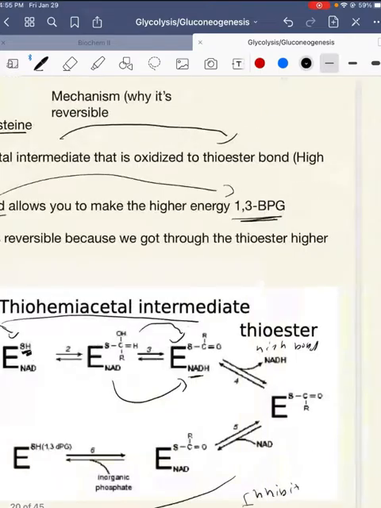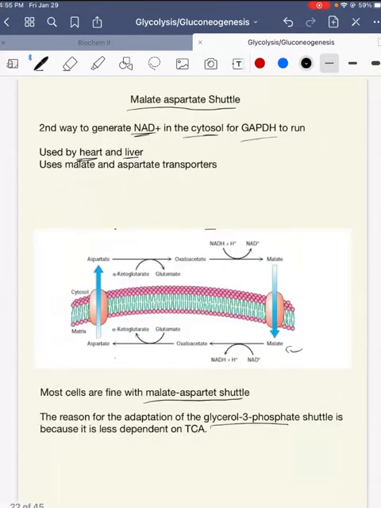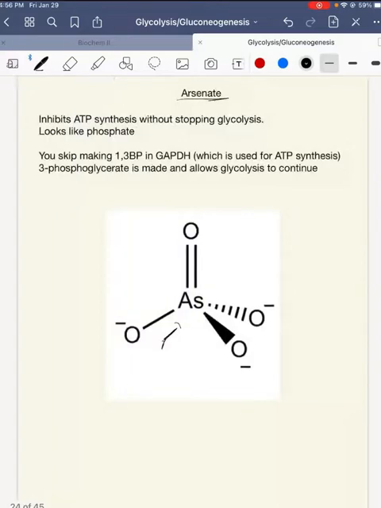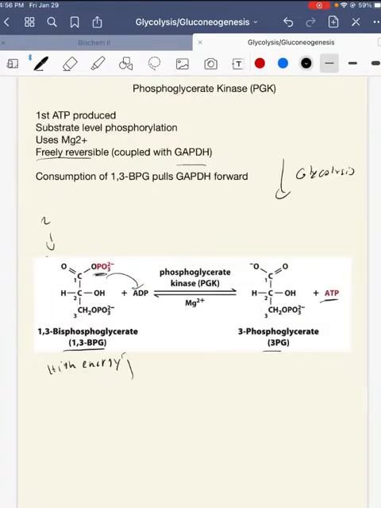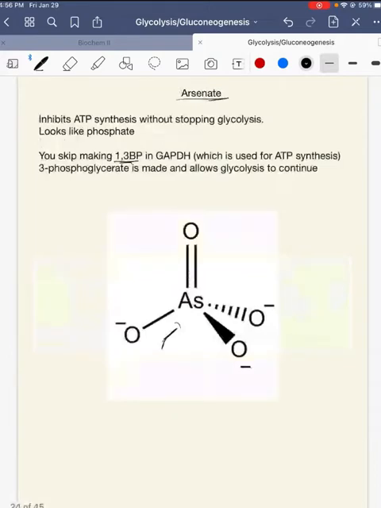So arsenate can actually act as a phosphate, and it can bind instead of the phosphate that GAPDH uses because it looks like it. This way you skip making 1,3-BPG, which is the high energy molecule that we generate ATP from.